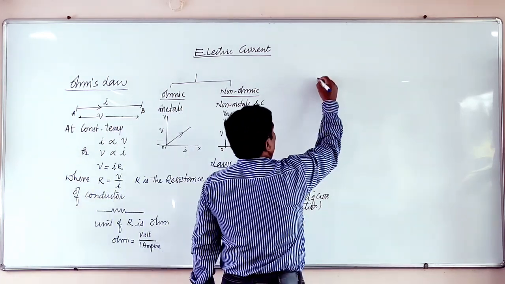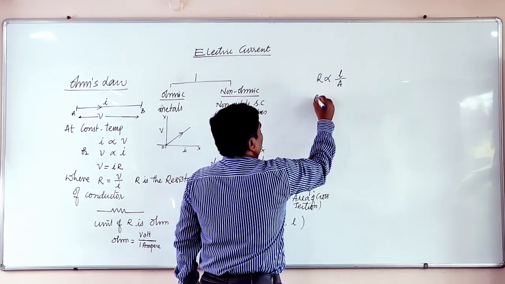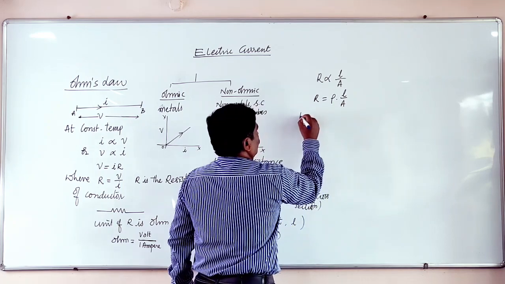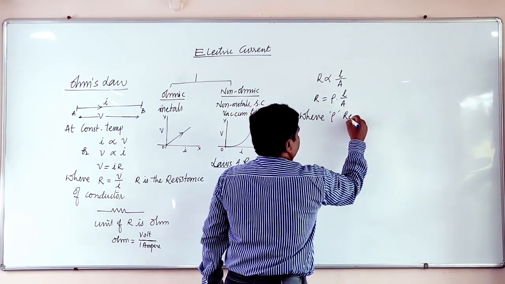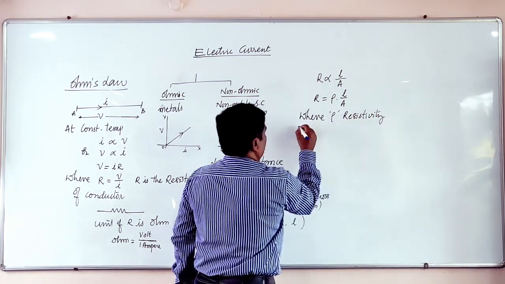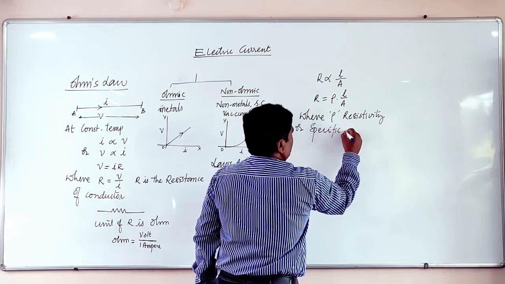By combining these two, R is proportional to L by A, therefore R equals rho into L by A, where rho is the resistivity, or specific resistance.